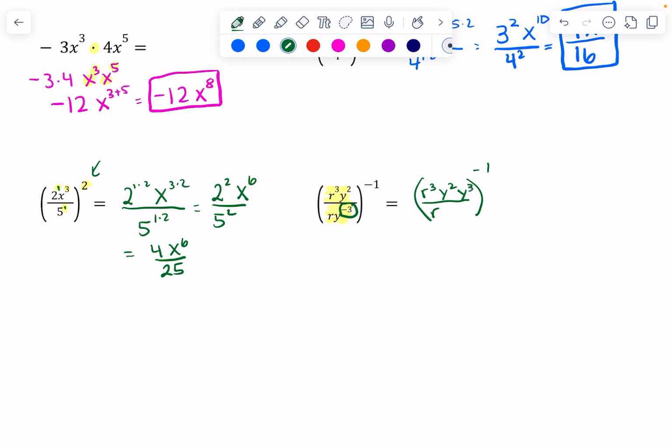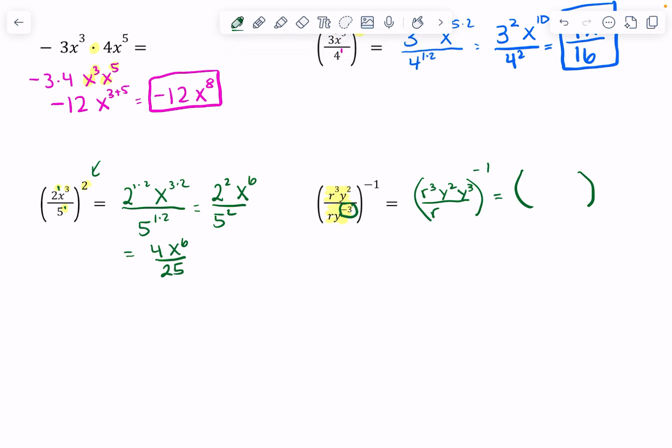Okay? So as we clean this up, and obviously I'm doing this in my brain, but I would be doing this. I could do this as work. So once we have a negative exponent, I'm not going to keep the negative exponent. We can change that to a positive exponent, or we can clean the inside up.